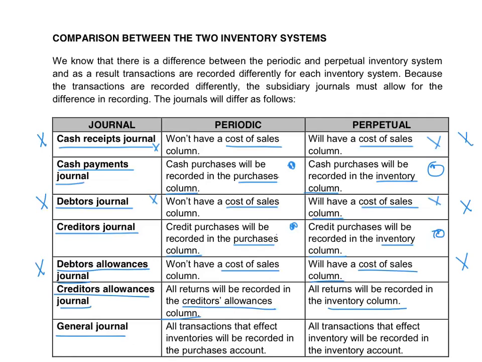If the owner takes goods out of inventory to use as stationery in the business, it will be stationery and purchases. Or if they use some of the inventory in the business for a marketing project, then they will debit marketing, credit purchases. In the perpetual system, the effect will be recorded in the inventory account because we want to show that the inventory decreased.